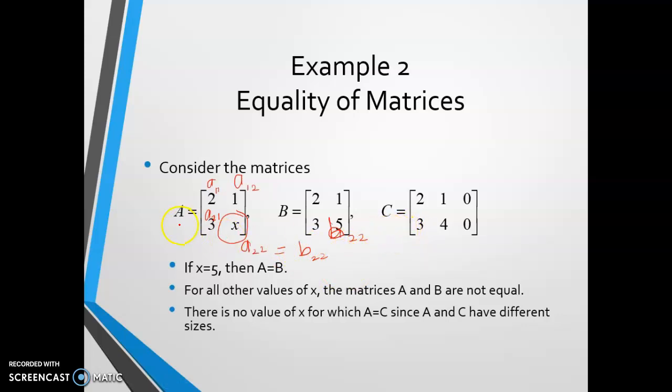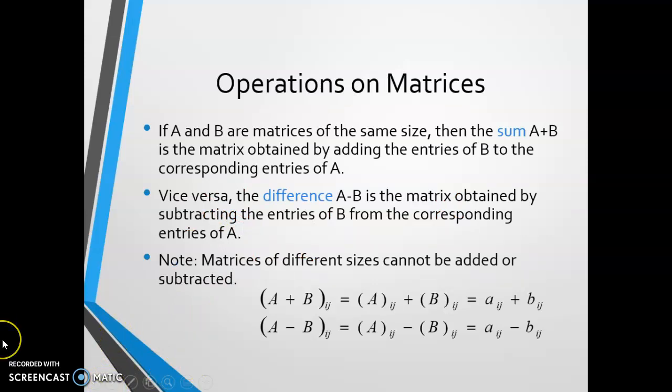But if you want to compare A and C, what is the value of x? We cannot say the answer is 4 because it has different column and row, ataupun matrices A and C are not equal. Okay, so we cannot compare. Okay, different size.